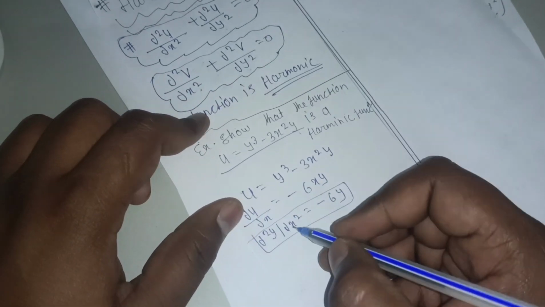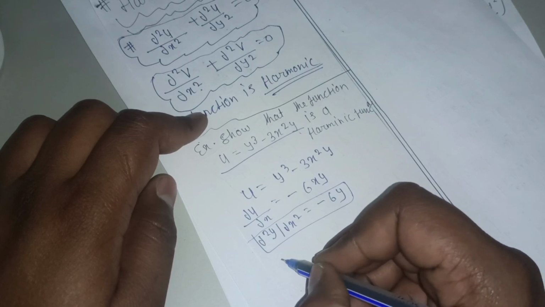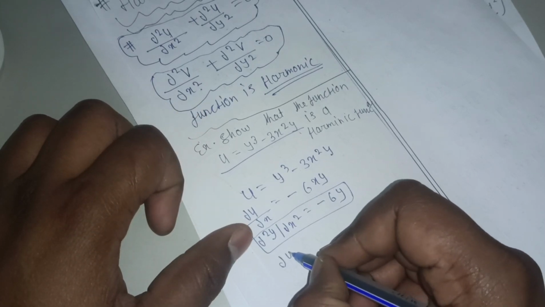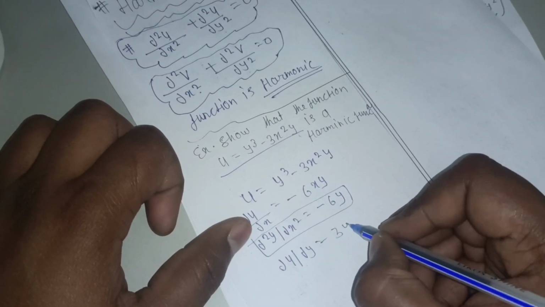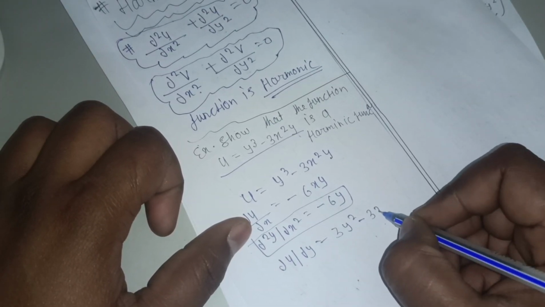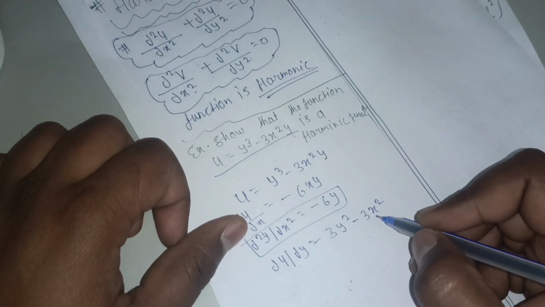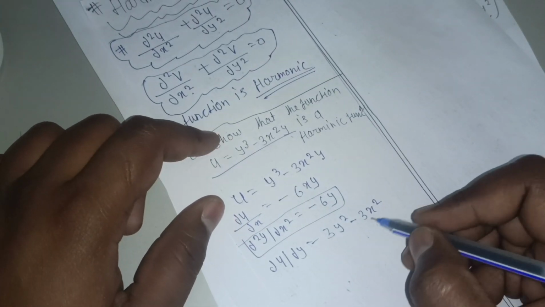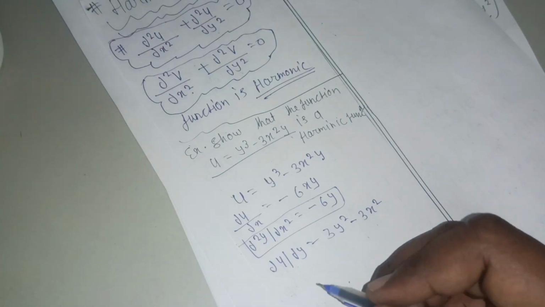So first we have found this, and now second, del u upon del y is equal to 3y square minus 3x square.